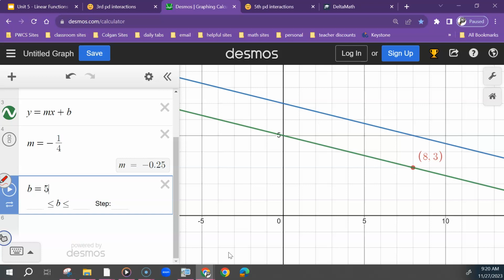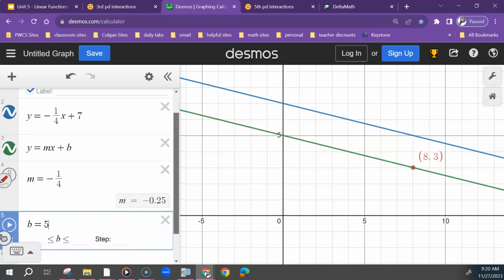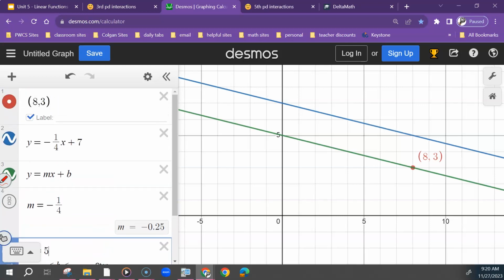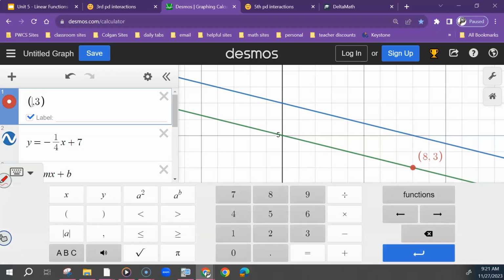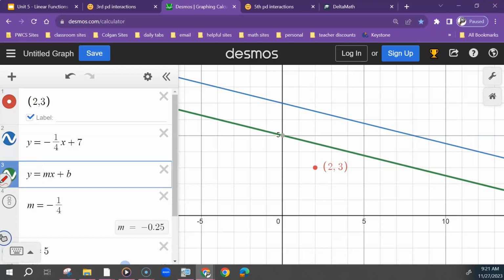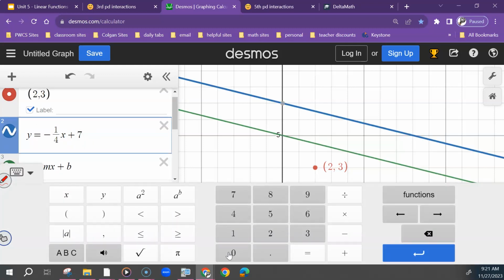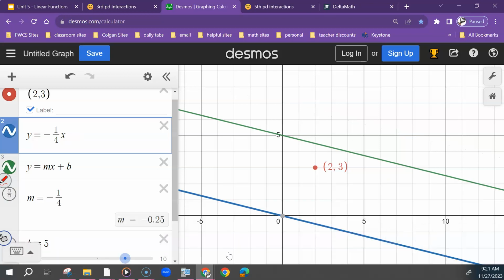So now I'm going to change the information to make it number 11 in here. So the point is going to be 2, 3. I'm just going to change this equation to exactly as it's written. I don't need to solve it in Desmos.